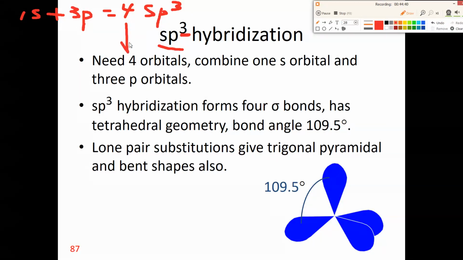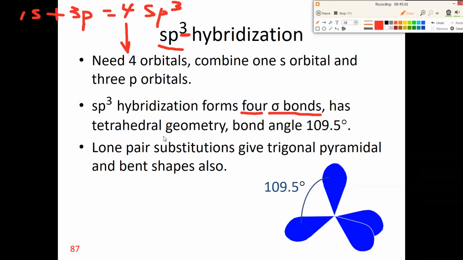So we have 4 hybrid orbitals, and hybrid orbitals form sigma bonds only. So with 4 sp3 orbitals, we can have 4 sigma bonds.